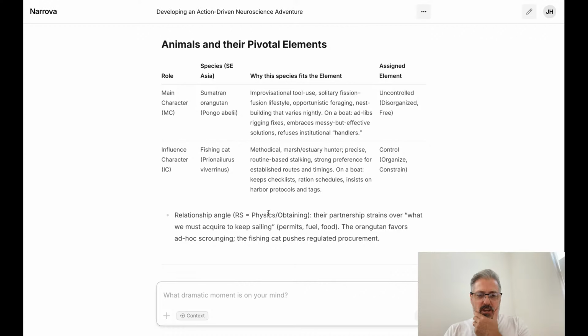The relationship angle: the story form inferred that their relationship will be about them trying to do things, and in particular trying to secure stuff. So their partnership was going to strain over what we must acquire to keep sailing. Permits, fuel, and food. The orangutan favors ad hoc scrounging, and the fishing cat pushes regulated procurement.